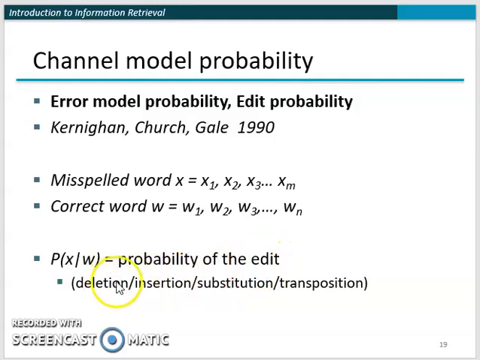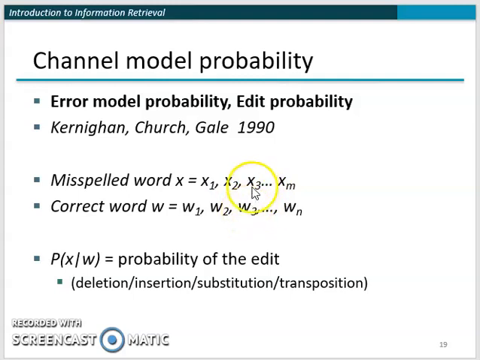And the possible edits are deletion, insertion, substitution, and transposition. So to estimate this probability, we just need to know the probability of the edit that resulted in this correct word into the misspelled word. So if that edit was actually the substitution of W3 by X3, we just need to know the counts of this edit.